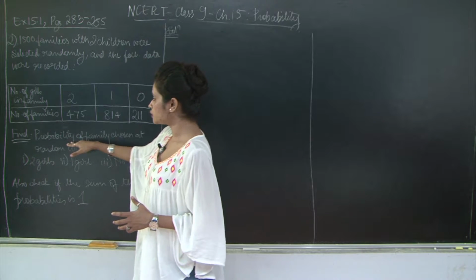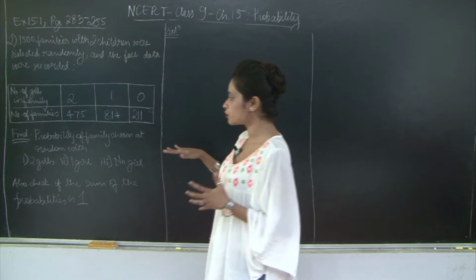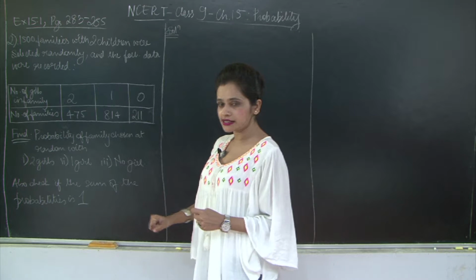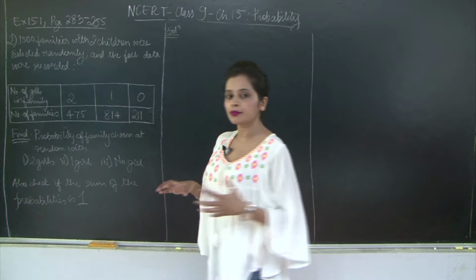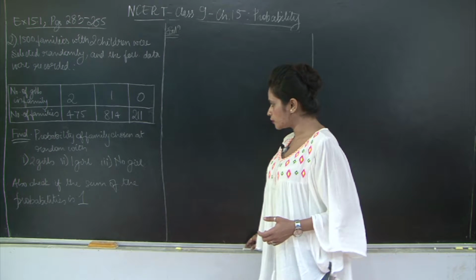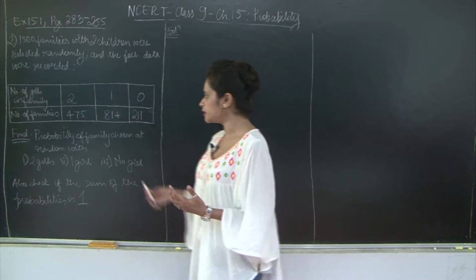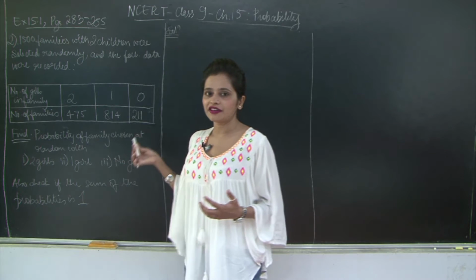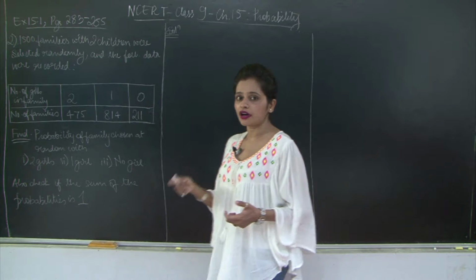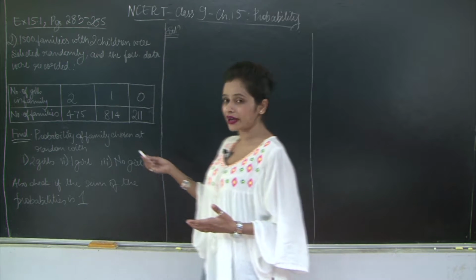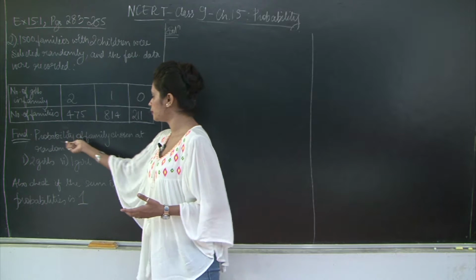Now we need to compute the probability of a family chosen at random with 2 girls, 1 girl and no girl, and also we need to check if the sum of the probabilities is 1. So how do we do this? We need to check the probability of the family chosen. So we are going to take in the numerator the number of families, because this is the probability of a family.